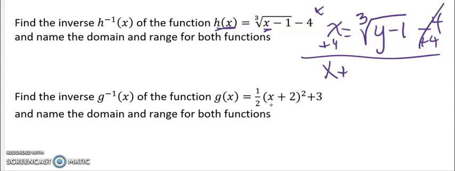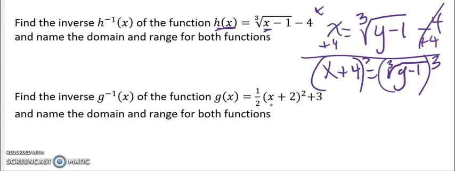Then we get x plus 4 is this cube root. All right, you remember to get rid of a root, we take it to that power, whatever the root was. So this is the third root, so we're going to take it to the third power. So the left side is just a parentheses with x plus 4 to the third power, and the right side, we got rid of the radical.